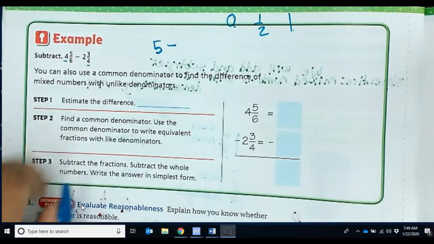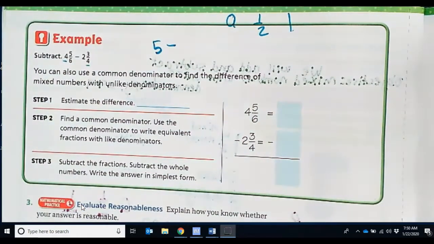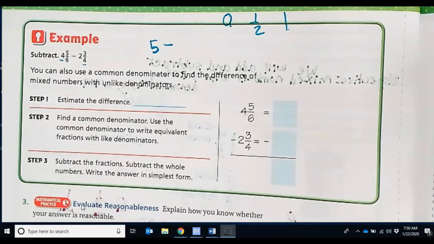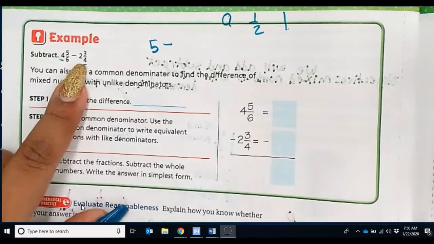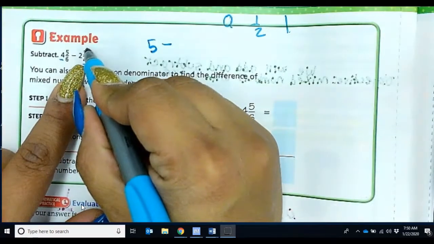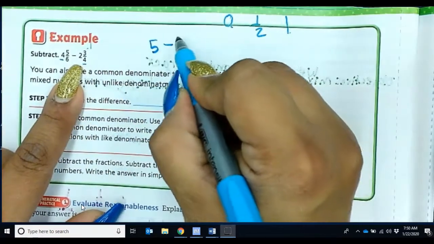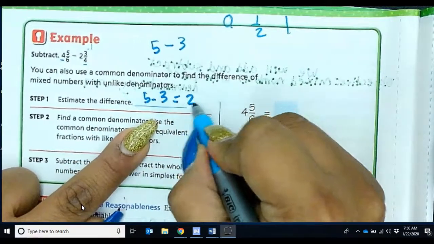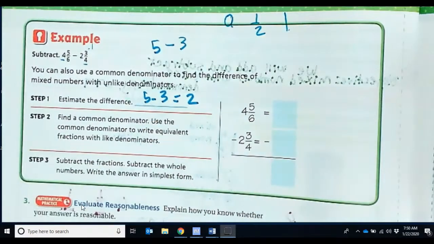But in this case, I'm gonna round it up to 1. So in this case, if I round it to 1, then 2 and 1 equals 3. So my estimate is 5 minus 3, and that is equal to 2. So that's my estimate, 2.